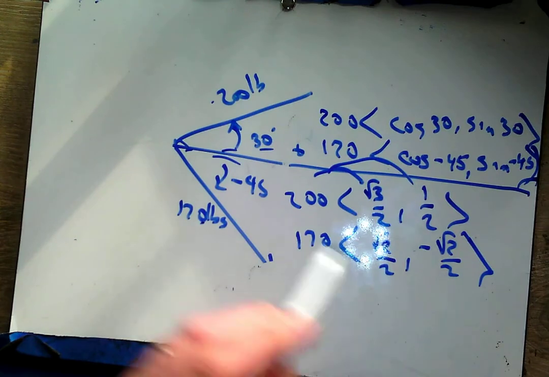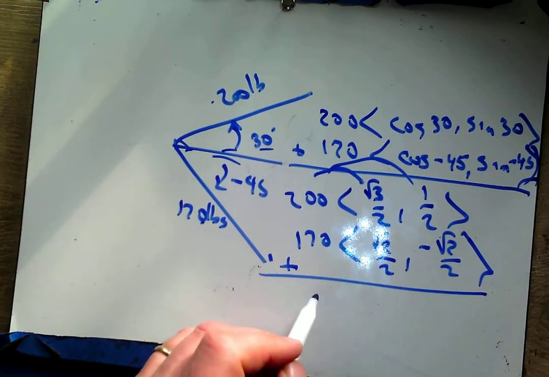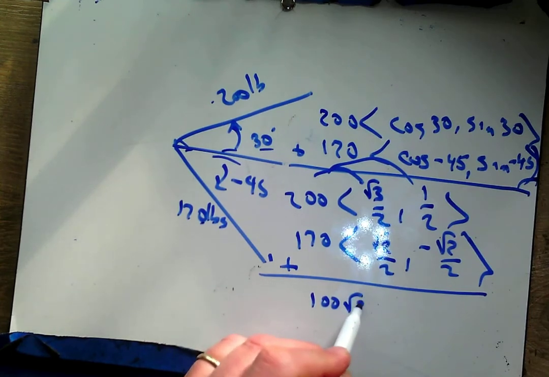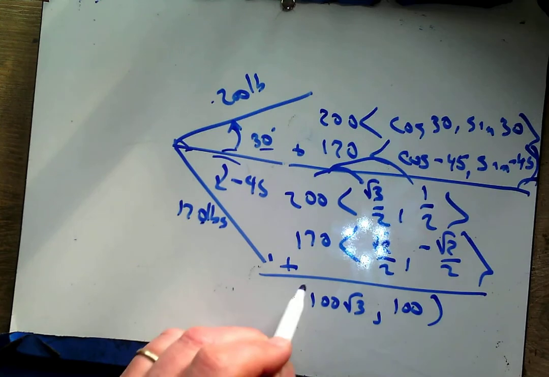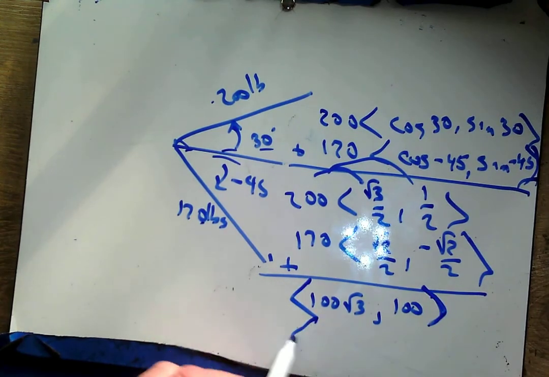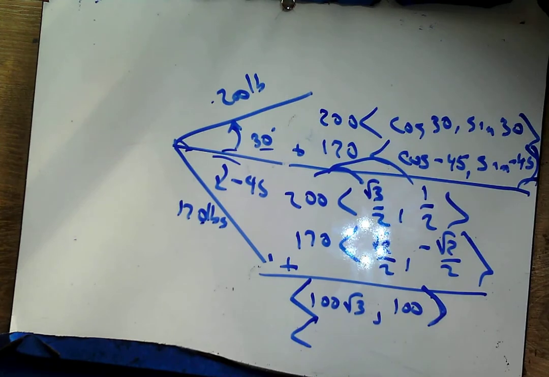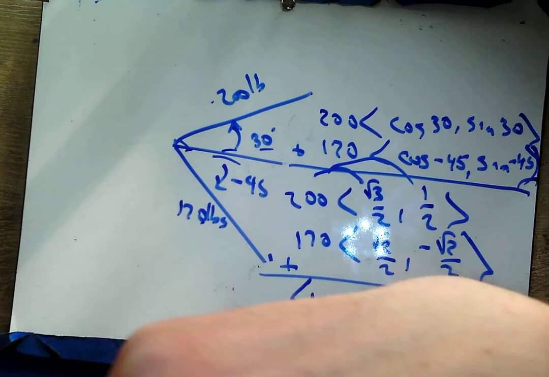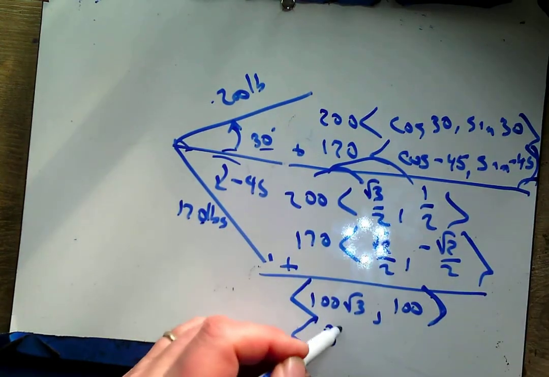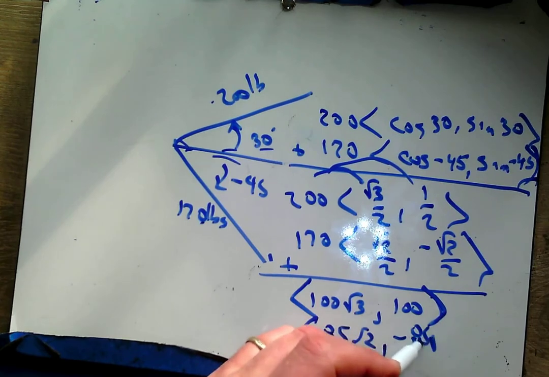And then I'm going to do that distributing on the way to adding, and that's going to give me 100√3, comma 100. And half of 170, isn't that 85? Is 85, good, 85√2, and minus 85√2.